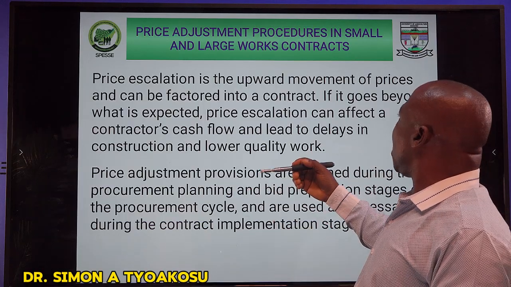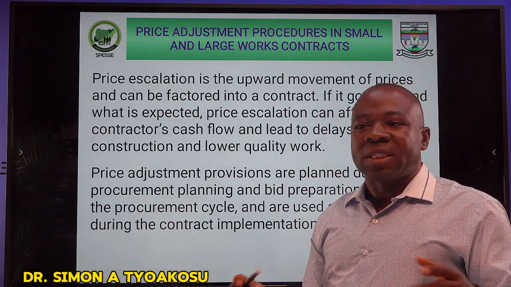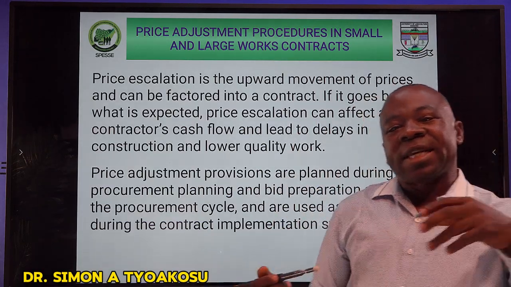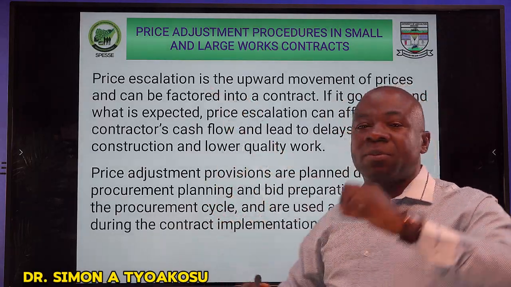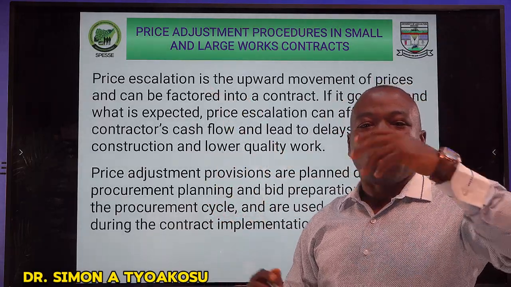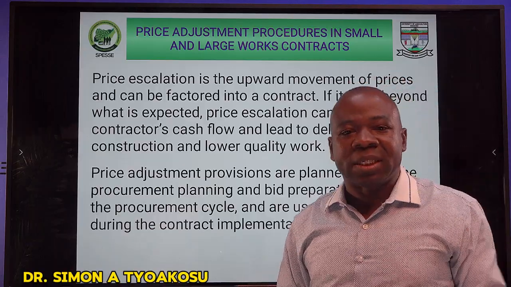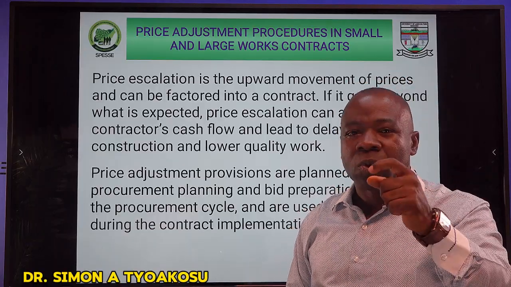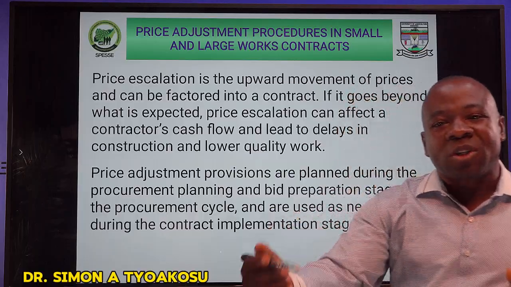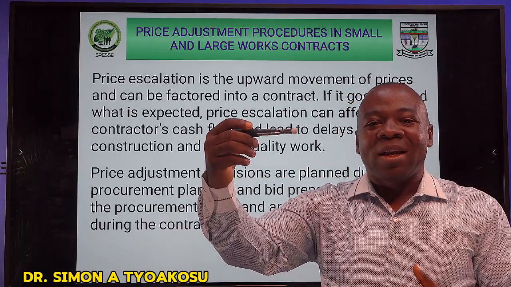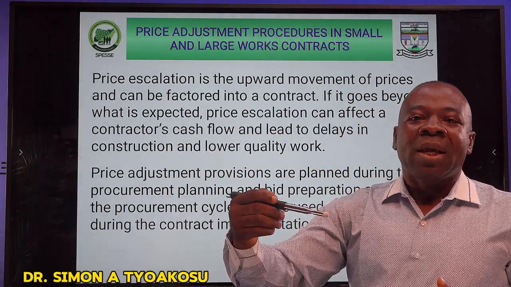If there is an upward movement, certainly what was initially budgeted for may not be able to cater for that. But if price adjustments were made earlier, with the hope that this can be accommodated, the value that the procuring entity expects to get from that product will still be gotten, because that provision was there.